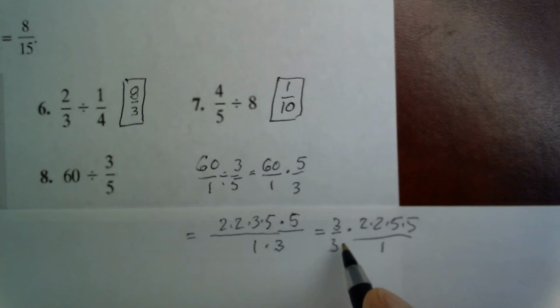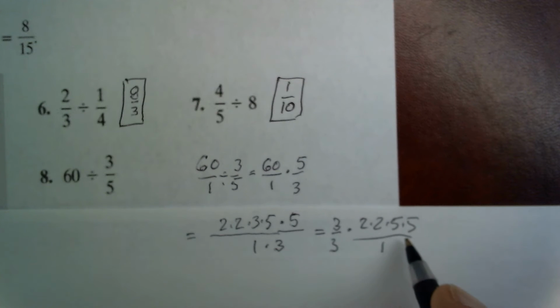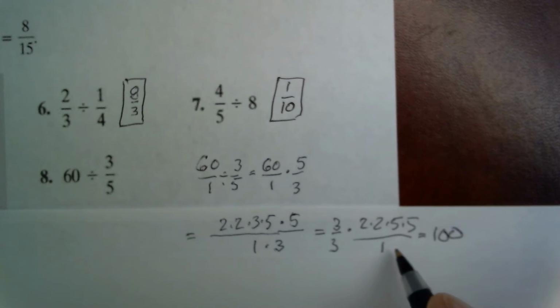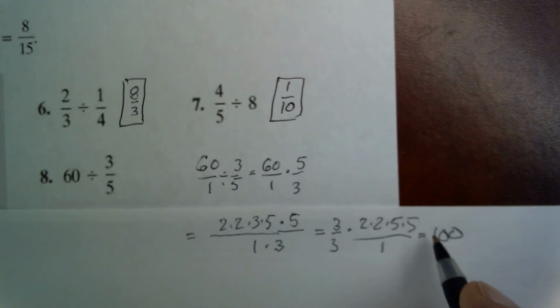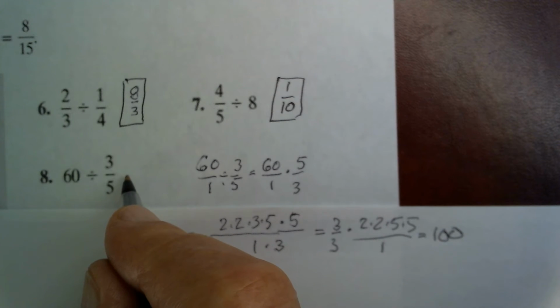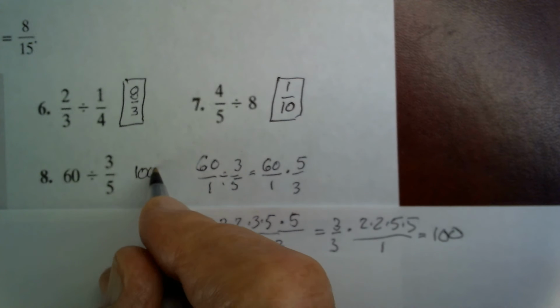And since 3 divided by 3 is 1, we only have 2 times 2 times 5 times 5, and that's 4 times 25, and that's equal to 100. 100 divided by 1 is equal to 100. So therefore the answer for question number 8 is 100.